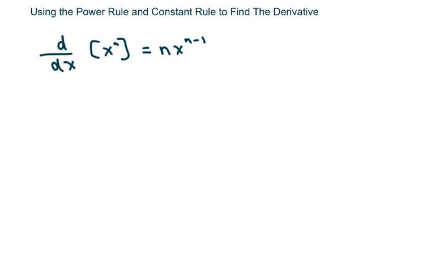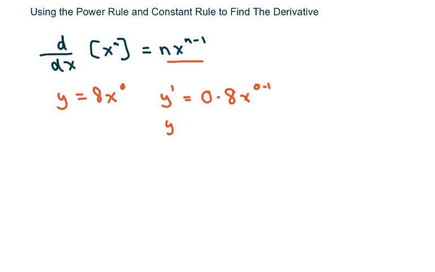Some of these you have, for example, as y equals 8. If we use this rule, we could say this is 8x to the 0. So if I use my rule, the derivative of y would be, you pull the n down, your n is 0, so you'd have 0 times 8x to the n minus 1, so that'd be 0 minus 1.